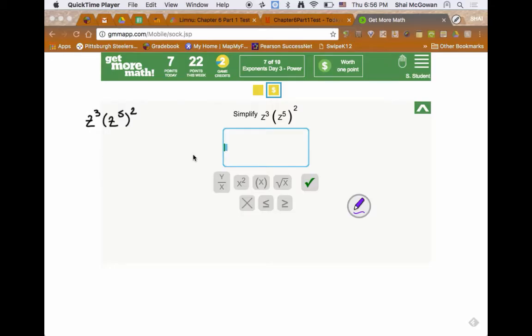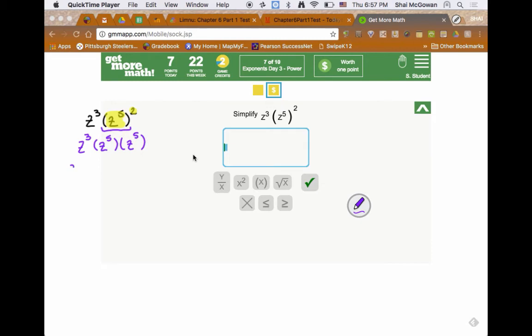Example 4. So this one, be careful, because if you look, it's only the z to the fifth that has the 2. So you're only going to expand the z to the fifth twice. So your first step here is to write this as z to the third, and then you're going to write this out twice. So you have z to the fifth times z to the fifth. So that's your first step. And then you're going to expand.